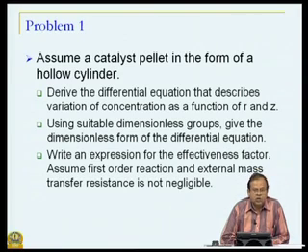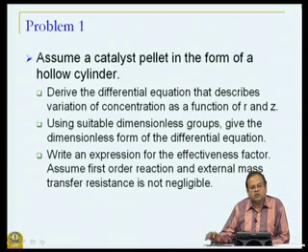Using suitable dimensionless groups, give the dimensionless form of this differential equation, and then ultimately define a suitable expression for the effectiveness factor. Assume that it is a first order reaction, because we want to keep our discussion simple, but we have seen enough cases to suggest that whatever is applicable for a first order reaction, with a little bit of variation, the major ideas being the same, is applicable for general reactions as well. And external mass transfer is also negligible.